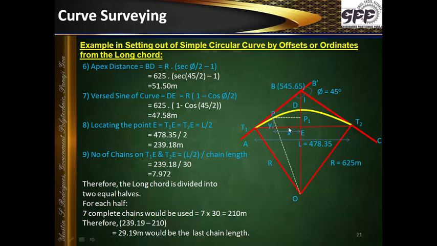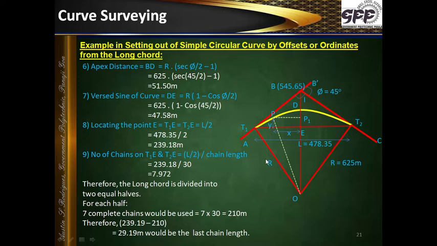So 7 into 30 comes to 210 meters, and a small portion of 239.19 minus 210, which is equal to 29.19 meters, would be remaining as balance distance over here.